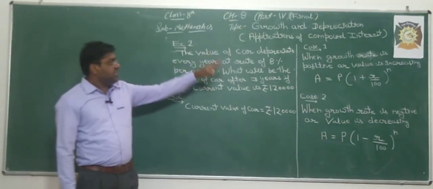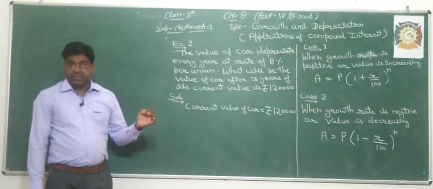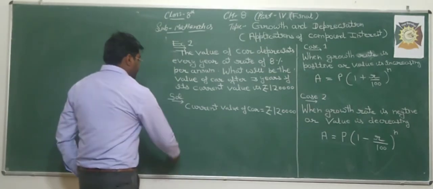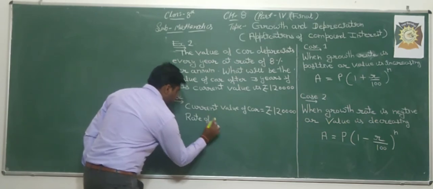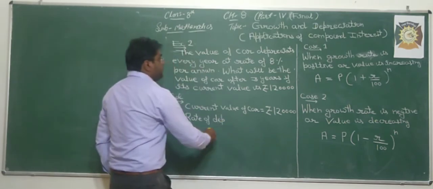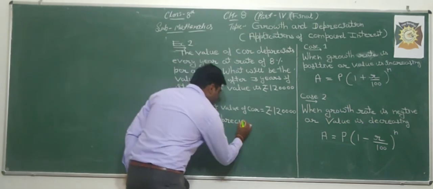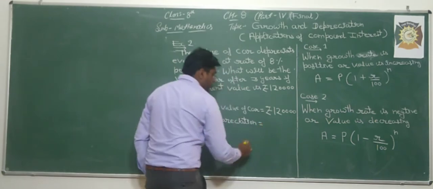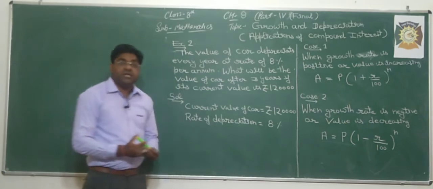The next given thing is the rate of depreciation, or rate of decreasing, which is 8% per annum.